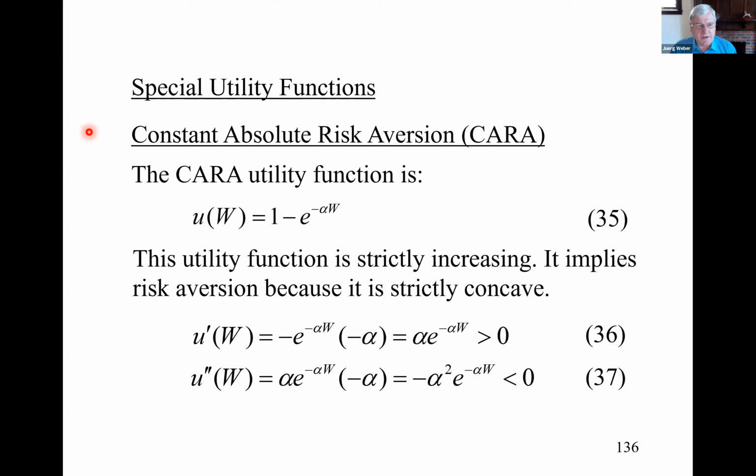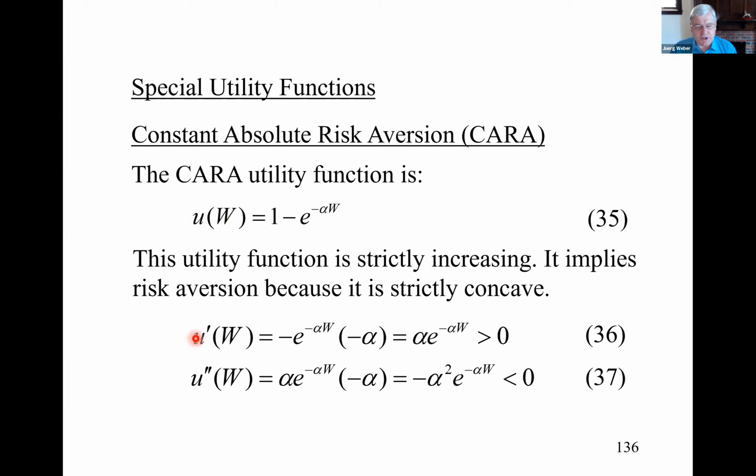The first one is a CARA utility function, constant absolute risk aversion, and the functional form we have here. So utility depends on wealth, and we have here actually the Euler figure and negative power. Now, this function qualifies as a utility function because it's upward sloping.